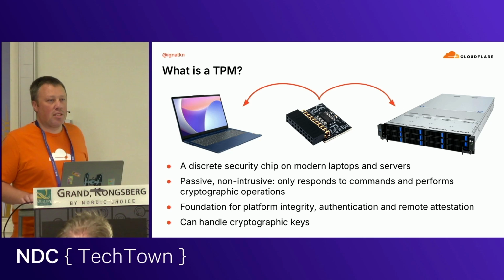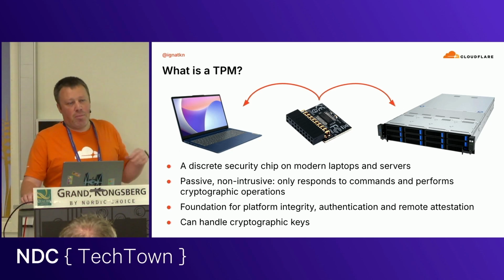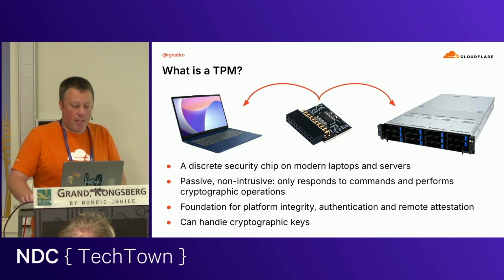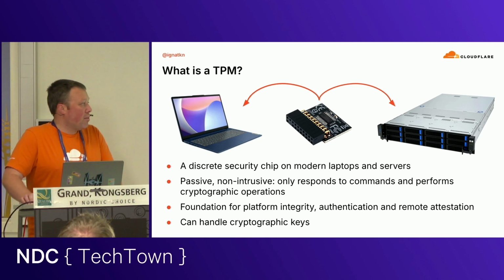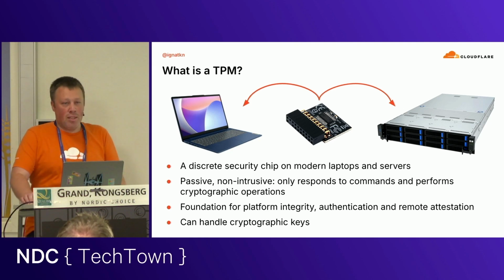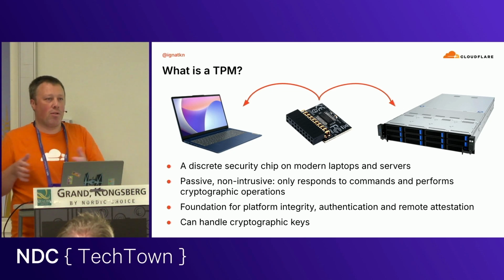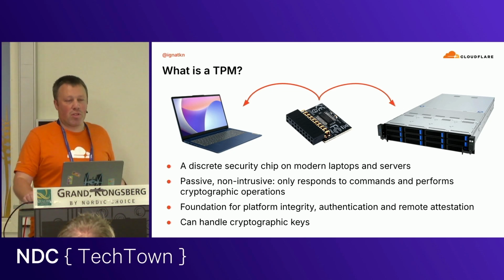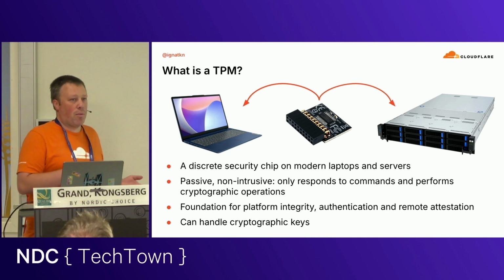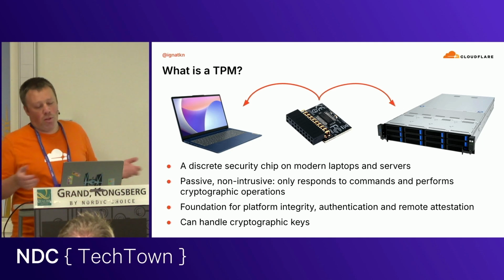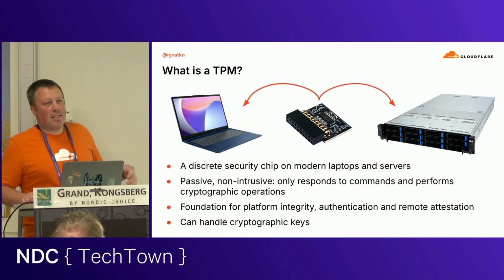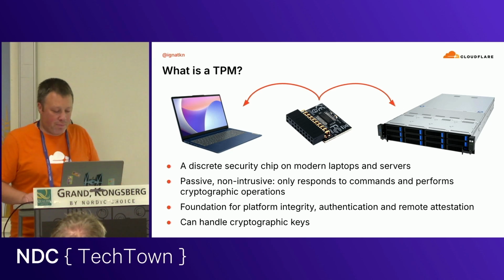I know some modern CPUs have an fTPM, which is kind of an on-SoC version of a TPM. It's usually passive and non-intrusive, so it doesn't hook into your memory or mess with your CPU. It only responds to commands. So if you ask it to do something, it will do it for you, but if you don't, it will do nothing. So it's not an invasive NSA device which spies on you.